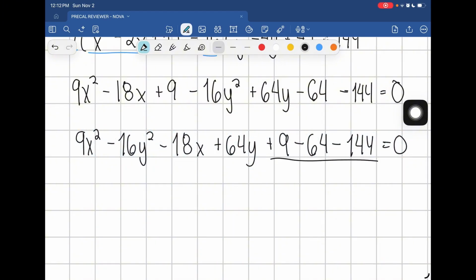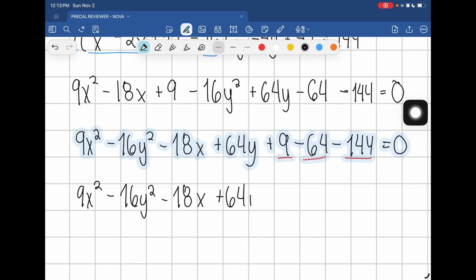But these three constant numbers are the same, so let's combine them. First, let's copy this. 9x squared minus 16y squared minus 18x plus 64y. So positive 9 minus 64 minus 144 becomes negative 199 is equals to 0.